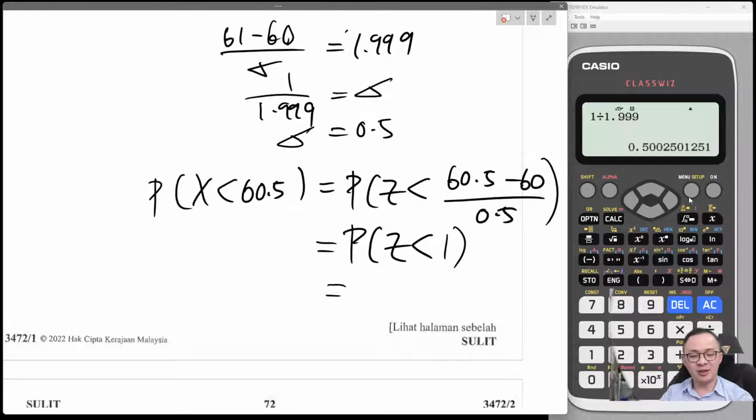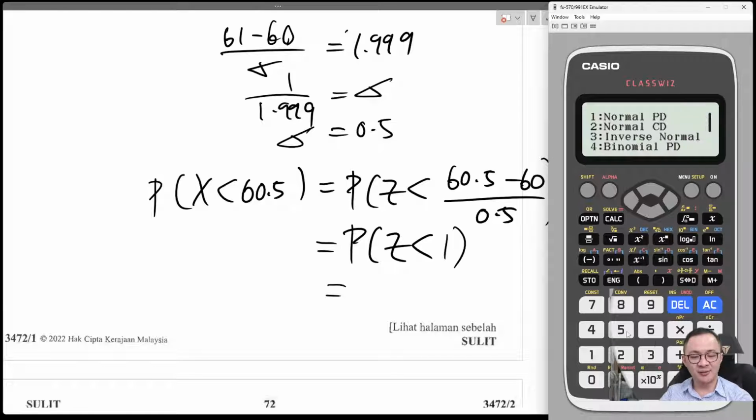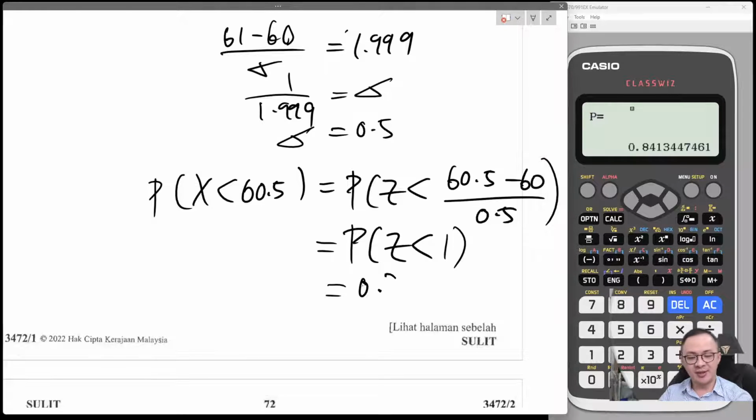So less than 1, I can use the calculator with normal CD also. Lower is negative 10 to the power of 99, which basically means infinity. Upper is a positive 1. So the probability is 0.8413. Done.